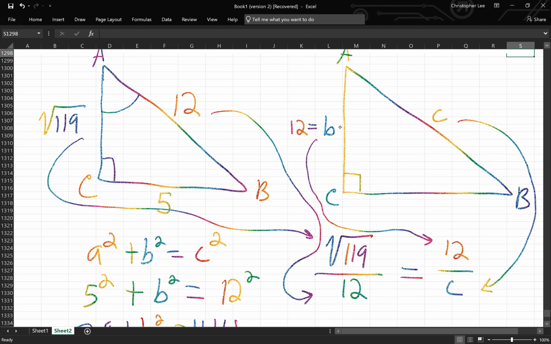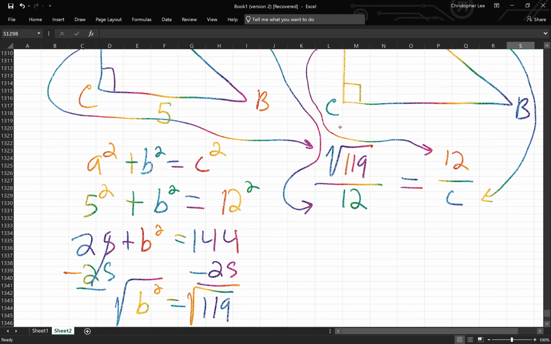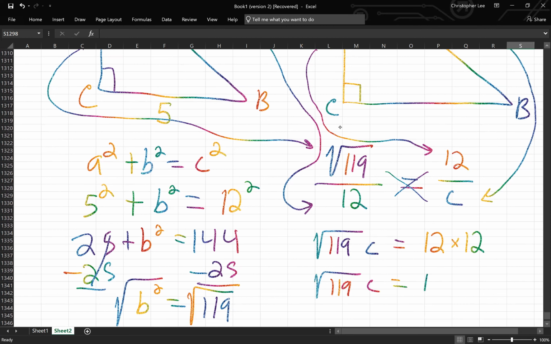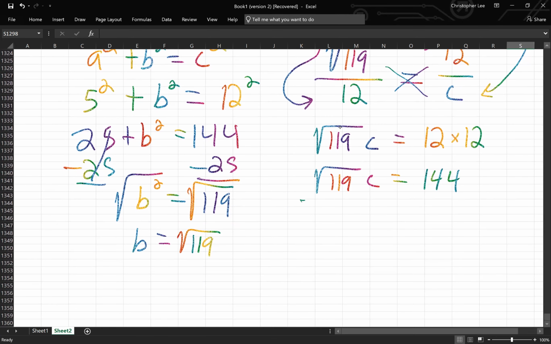After that, cross multiply. Easy. C times square root of 119 is equal to 12 times 12, so square root of 119 times C is equal to 144. All you have to do is divide by the square root of 119. What you do to one side, you do to the other.